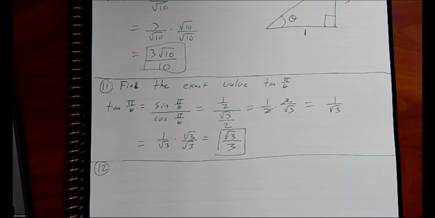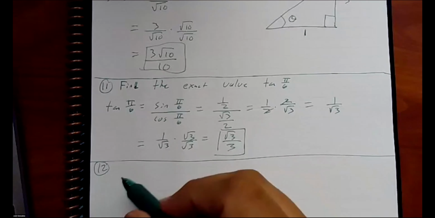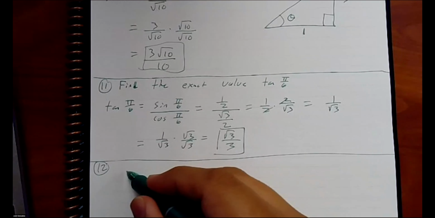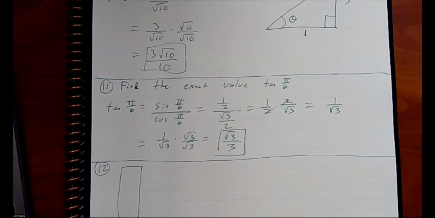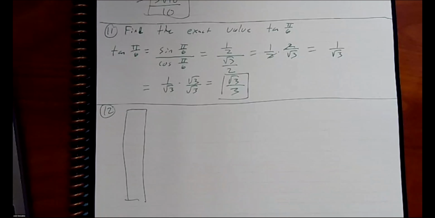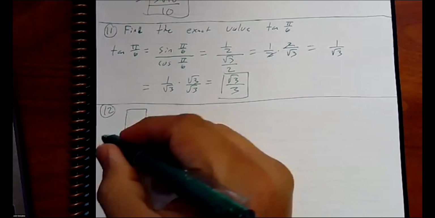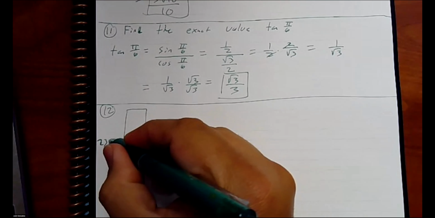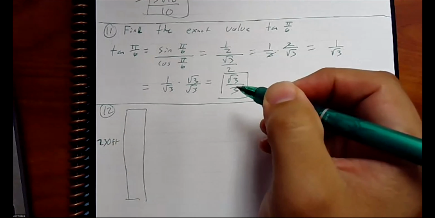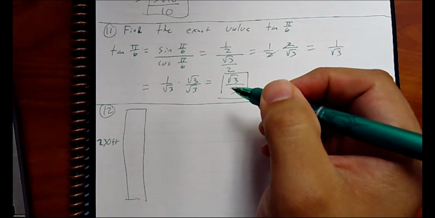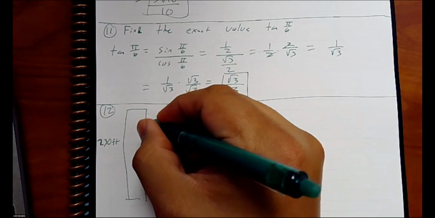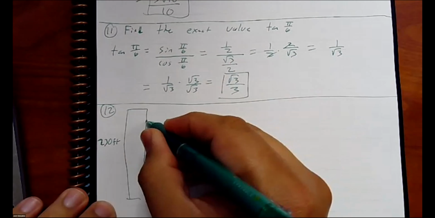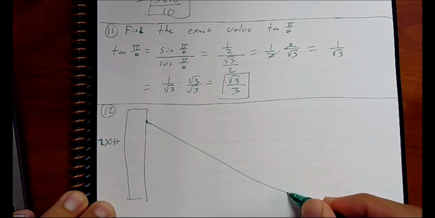All right, so we got some tower. This is 230 feet total. And they attach a guy wire 10 feet from the top. A guy wire is just a wire that stabilizes it.